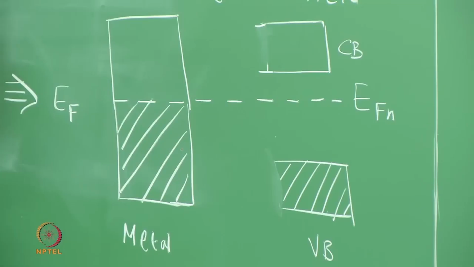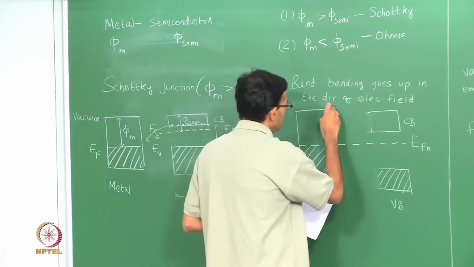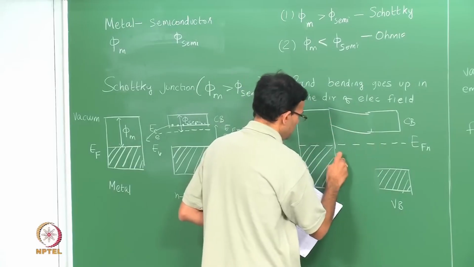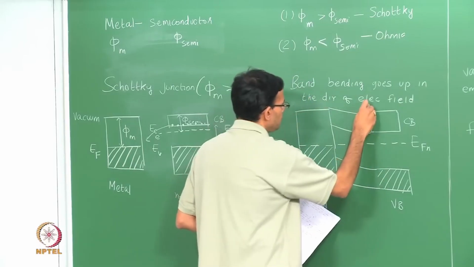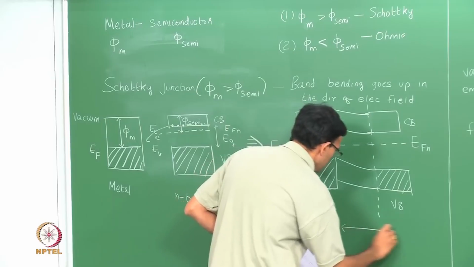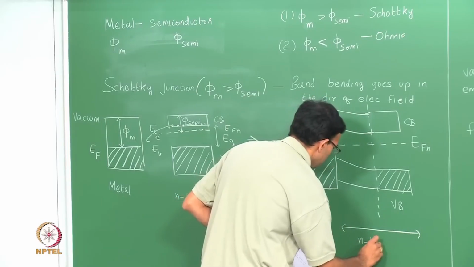And at the junction or near the junction, we will find that the bands bend. So this whole region is your n-type semiconductor.